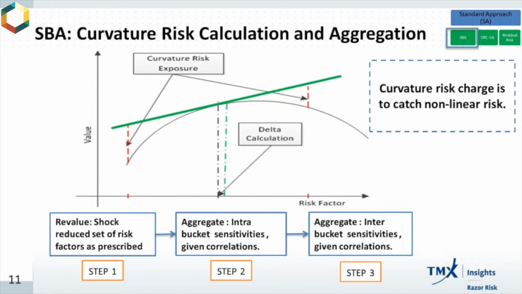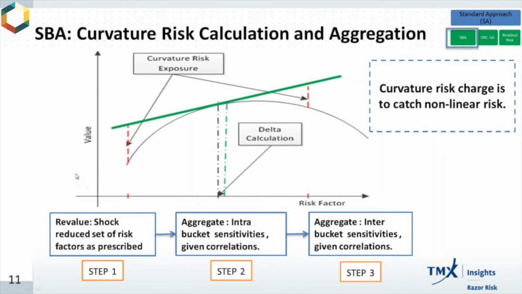And these slides talk about the curvature risk. The previous steps capture linear risk, and the curvature risk is to catch the non-linear ones. Compared to delta, which is linear risk, curvature risk has a much larger shock.